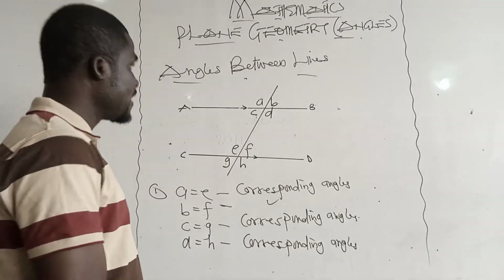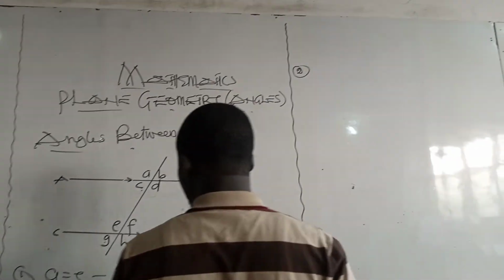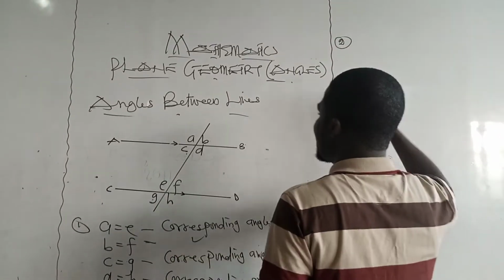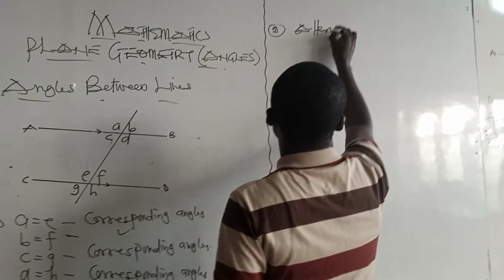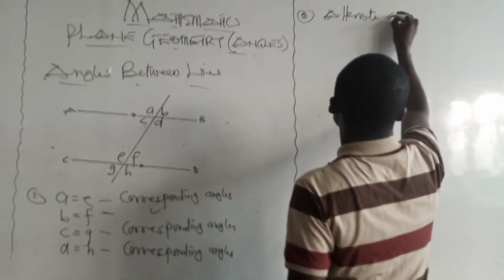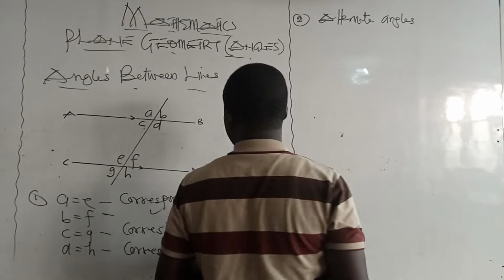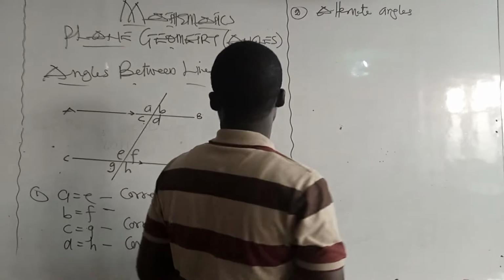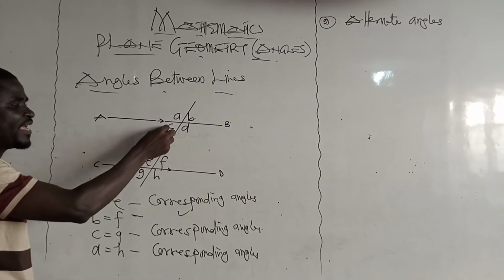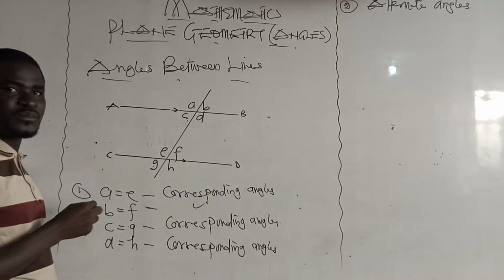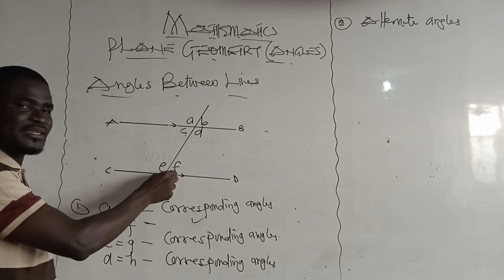Now let's go to number 2. Number 2, we have alternate angles. Now, under alternate angles, we have C and F. They are alternating.